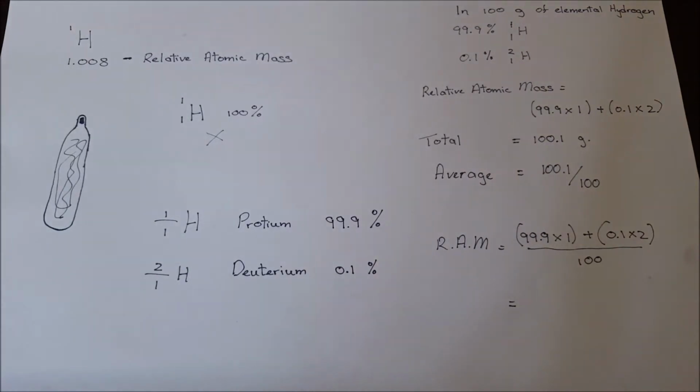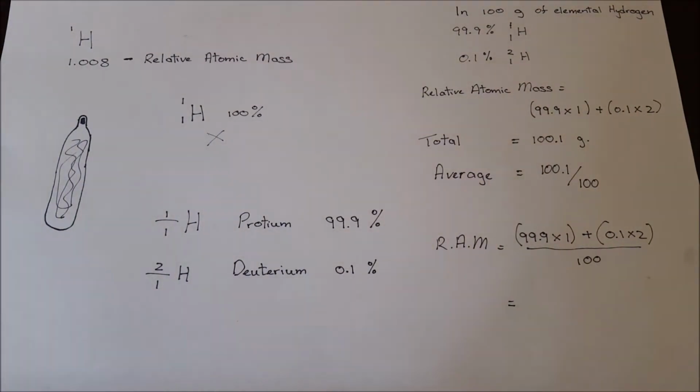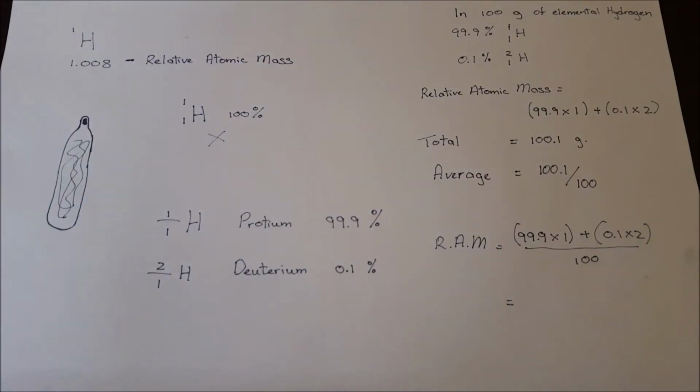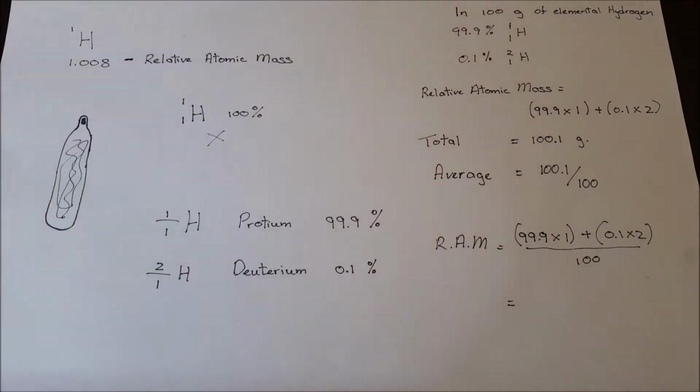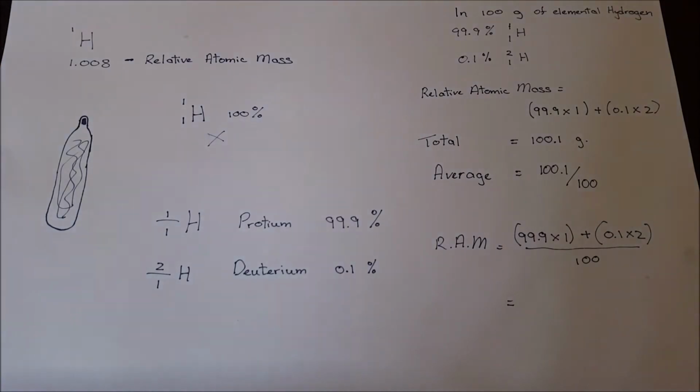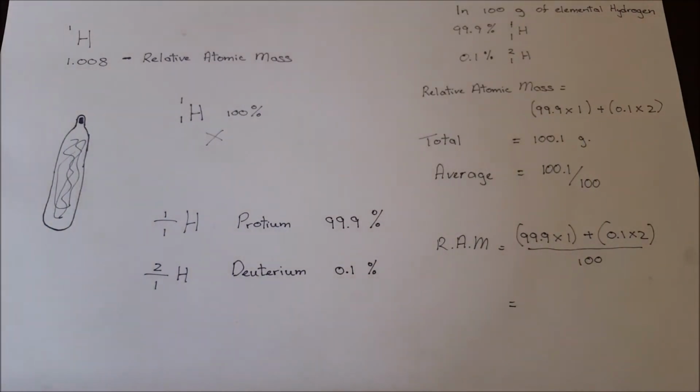Now, the relative atomic mass is described as the average mass number of an atom inside of an element, taking into consideration all the types of isotopes in their relative abundance. So I can't just stop at leaving the total as 100.1. I now need to find out what the average is.